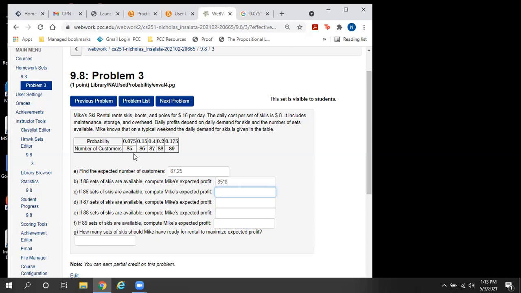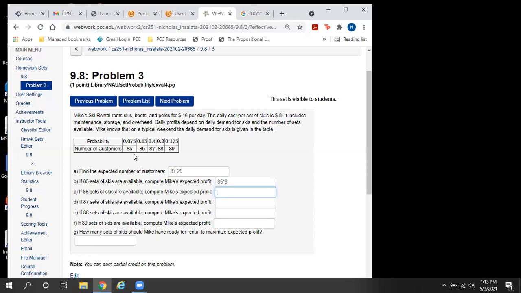Okay, so maybe explain in English what you're doing there. What do you guys think about that? Okay, subtract off the cost of the pair that doesn't get rented, or I would say that may not get rented.